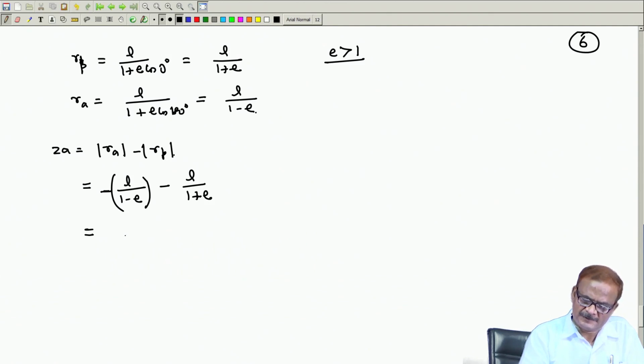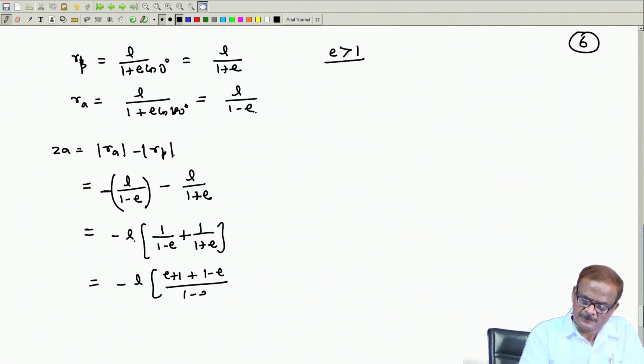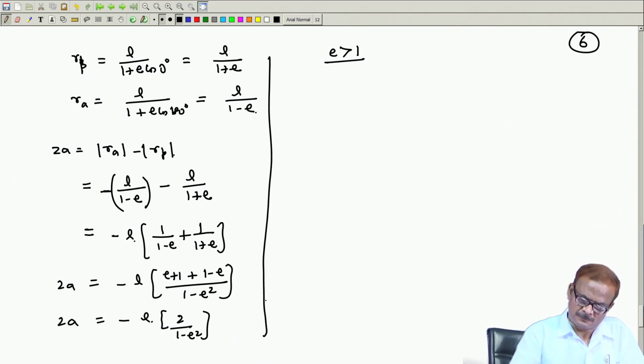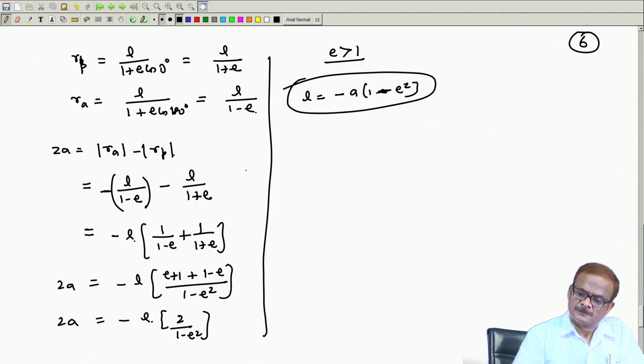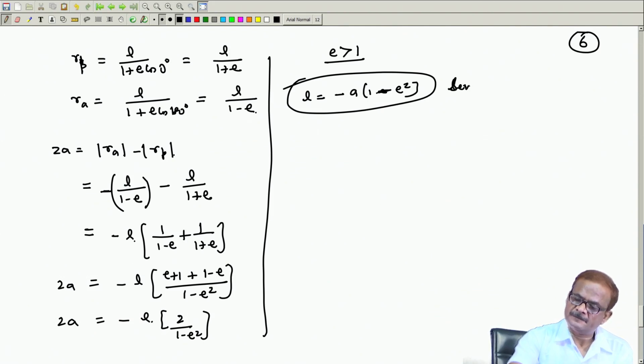If you rearrange it, L can be taken outside, with minus sign, 1 minus e plus 1 by. So this is the semi-latus rectum.